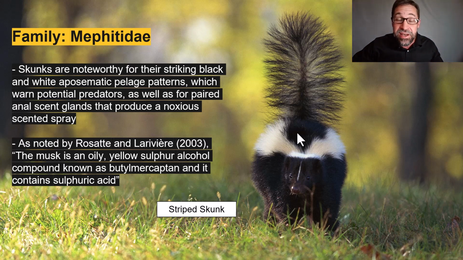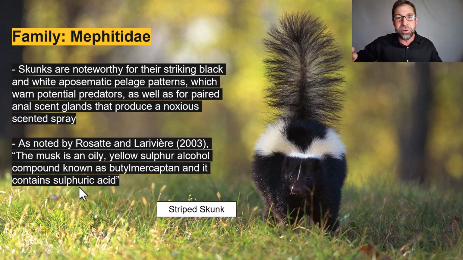And the idea is the predators learn to associate this coloration pattern with a noxious scented spray that's produced by the skunk anal glands. So as noted by these authors, skunk musk is an oily, yellow sulfur alcohol compound that contains sulfuric acid.